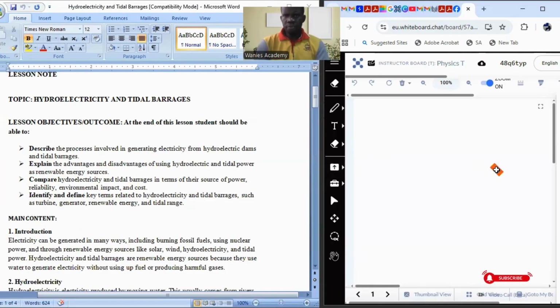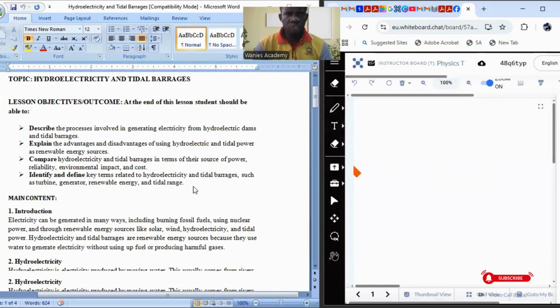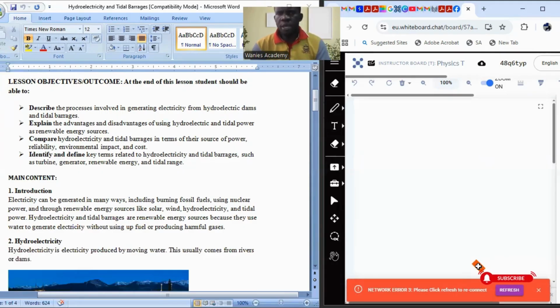So let's delve straight into the content of our topic of what we're looking at today. Before we move further, I'm going to look at defining certain things. Now, electricity can be generated in many ways. We all know that because we started this series.